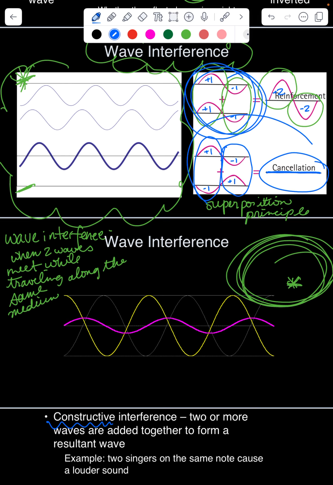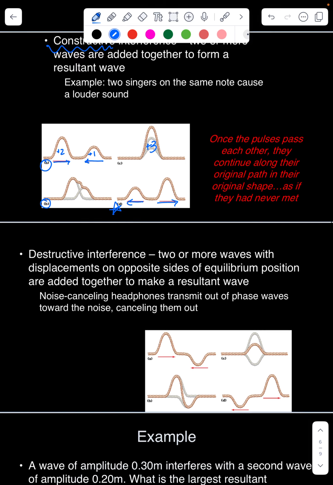What you see right here is the tearing down, the subtraction, and that's called destructive interference. Destructive interference happens whenever they are on opposite sides of the equilibrium position. Here we have a +2 again, but it's meeting a smaller trough, a -1. As they travel, they begin to meet, and at C they combine totally.